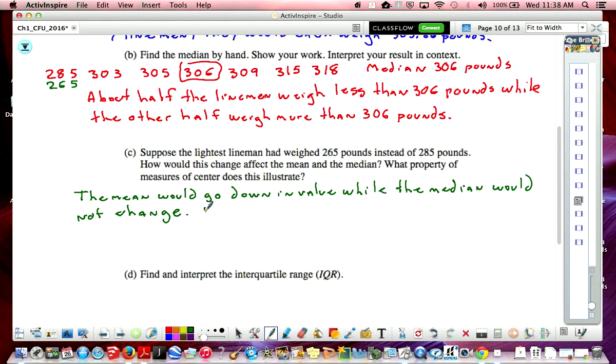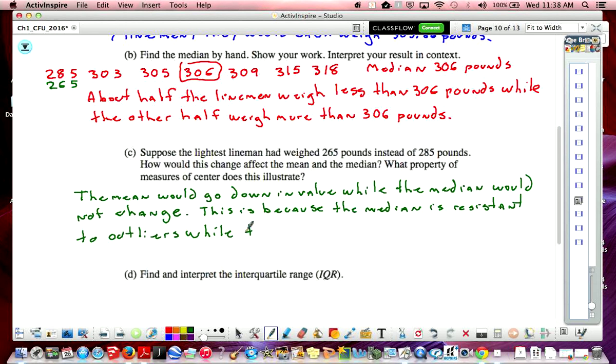The reason this is happening is because the median is resistant to outliers, meaning it doesn't change much, if anything, while the mean is not. The mean could change drastically. Here I believe it goes down by roughly 3 pounds.